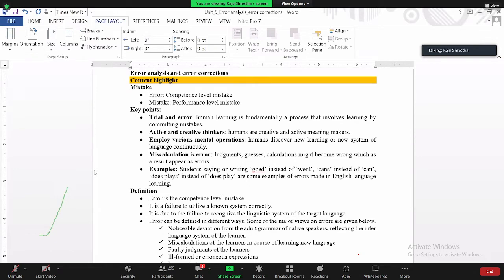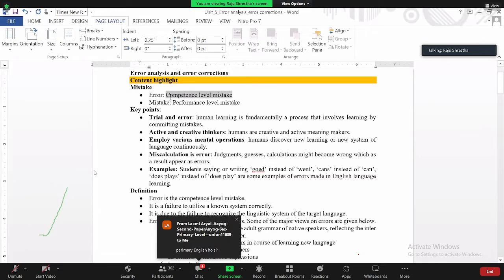Here we particularly focus on the error. Errors mean mistakes committed at the competence level. You have to understand this one thing: a mistake committed at the competence level is called an error.